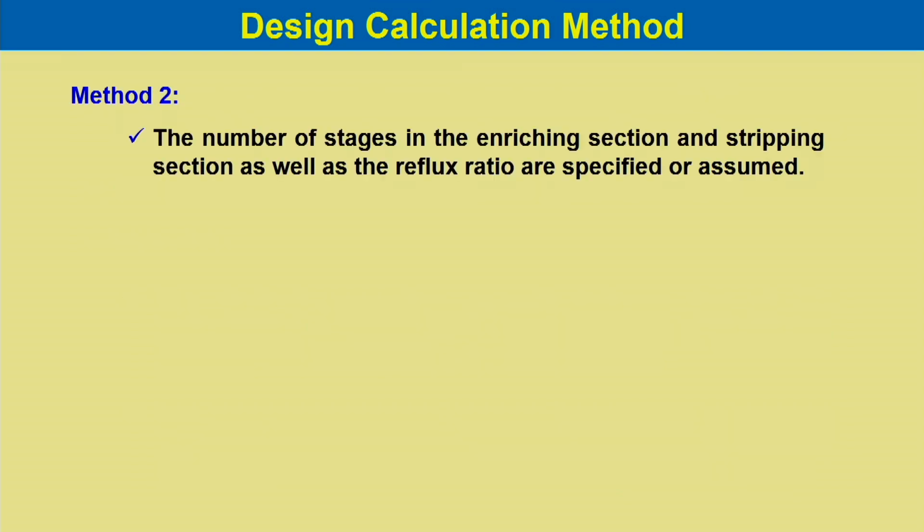In method 2, the number of stages in the enriching section and stripping section as well as the reflux ratio are specified or assumed. So, both sections, enriching section and stripping section. In addition to that, the reflux ratio has to be specified at the beginning.